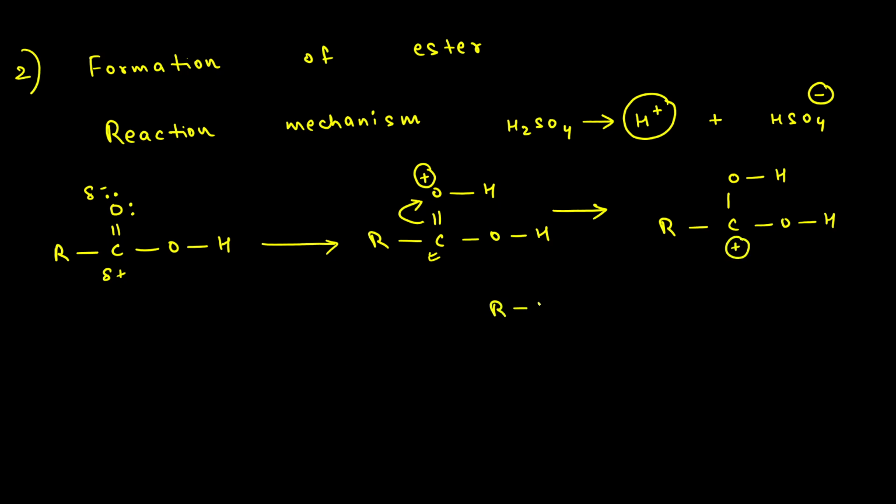So this is the alcohol molecule. There are lone pairs of electrons on the oxygen atom, so this alcohol will act as a nucleophile. It will attack the positively charged carbon here.